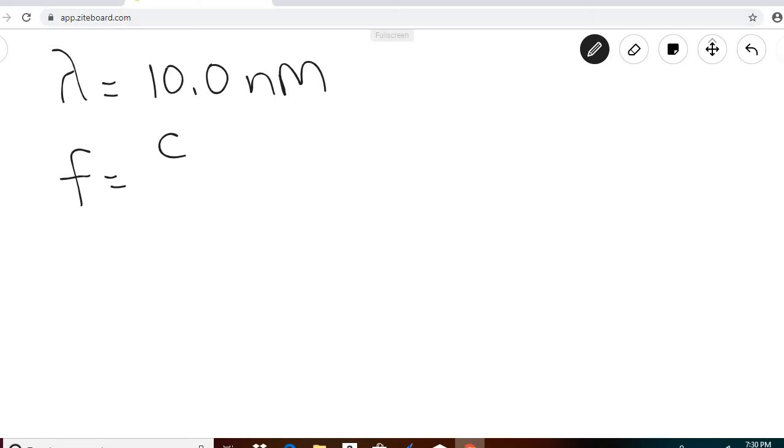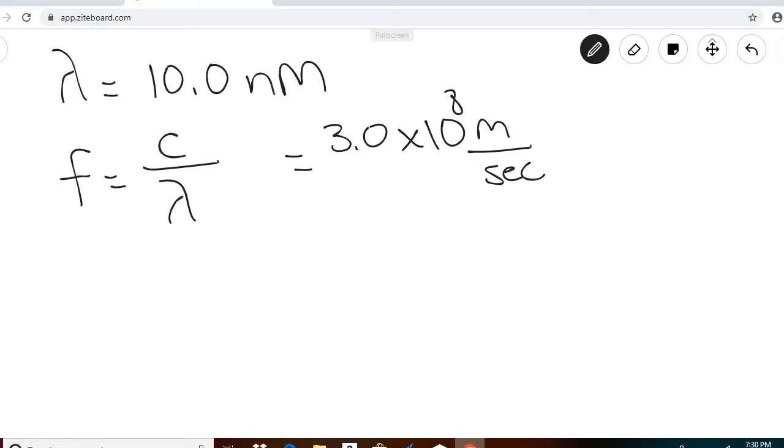Okay, number 6. What is the frequency of light that has a wavelength of 10.0 nanometers? The formula for frequency is the speed of light divided by wavelength. You'll be given the speed of light as 3.0 times 10 to the 8 meters per second, and the wavelength as 10.0 nanometers.